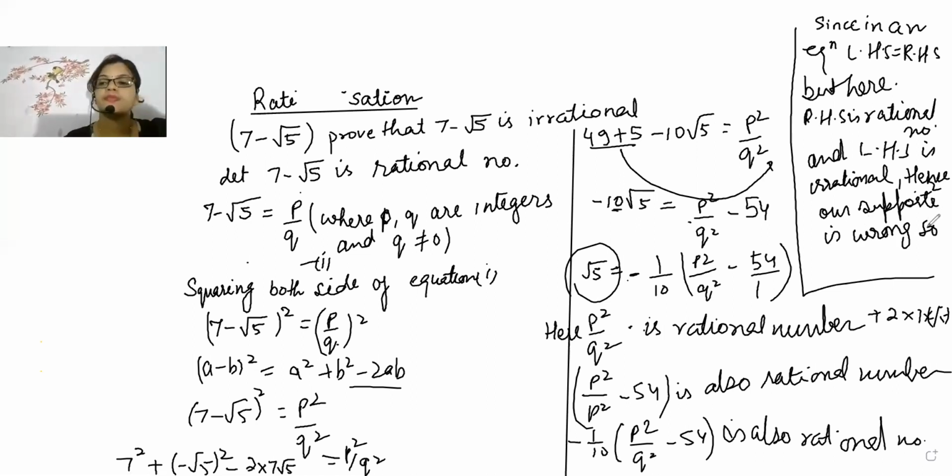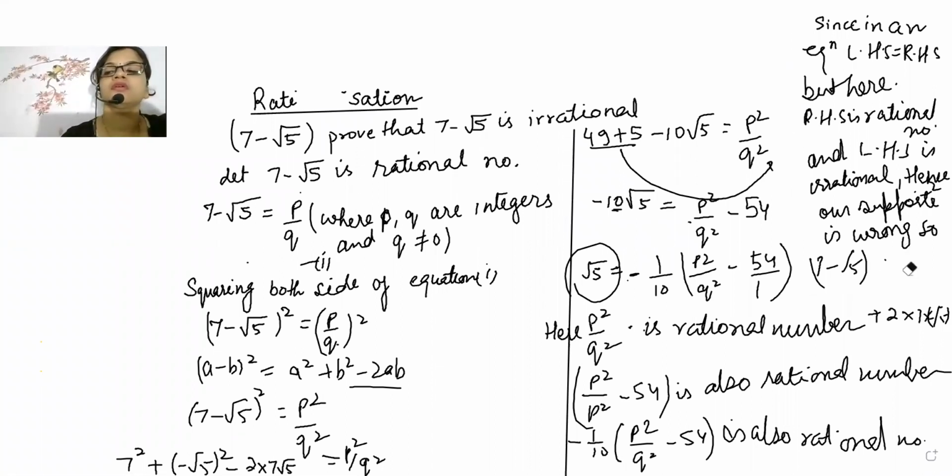So 7 minus root 5 is an irrational number.